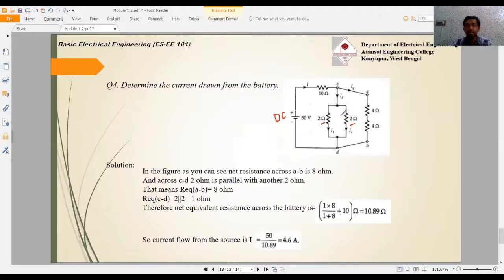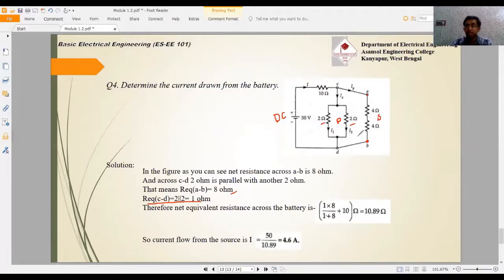Since all these are resistors, the equivalent resistance will be 1 ohm. From this point A and B, 4 ohm and another 4 ohm are in series type of connection, so net resistance will be 8 ohm.